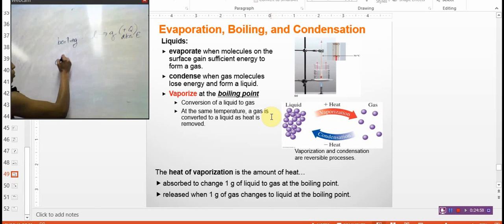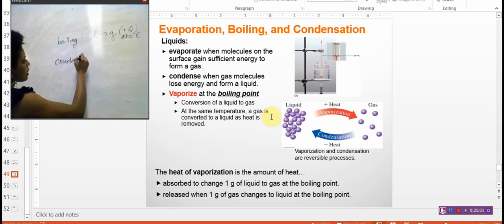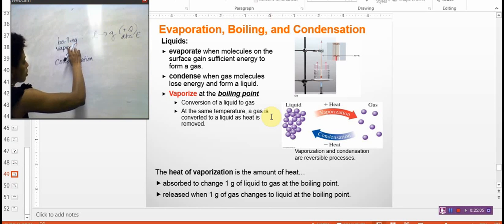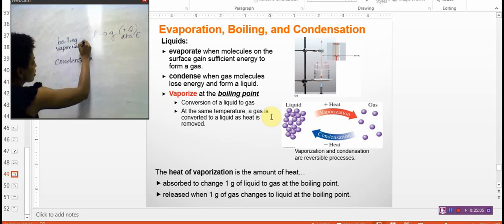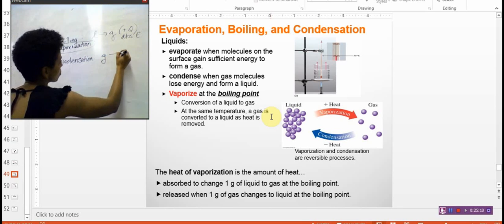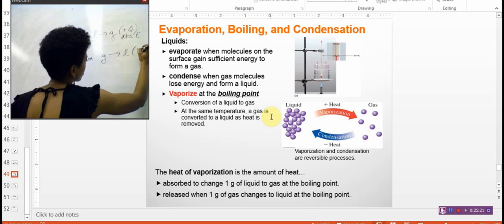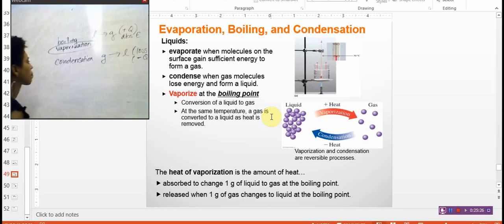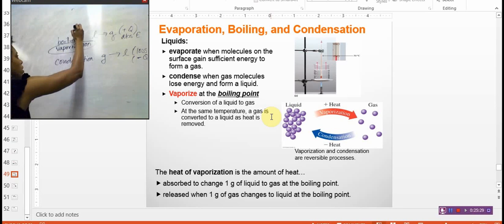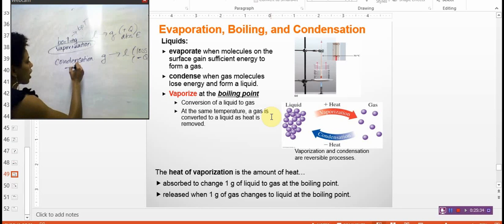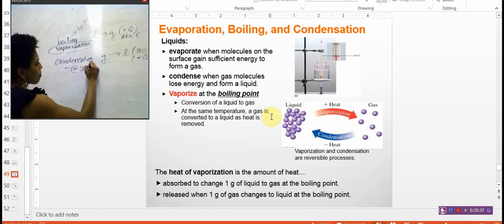And if I'm doing what we call condensation, right? We're going from a gas to a liquid. Well, because we're losing energy, we're going to have a negative Q, right?